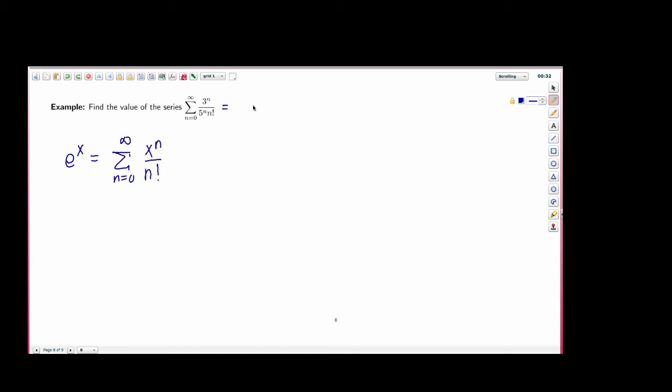We have the sum n equals 0 to infinity, 3 to the n over 5 to the n, which we can write as 3/5 to the n over n factorial. So now we see this is just our series for e to the x with 3/5 in place of x. So this is just equal to e to the 3/5.